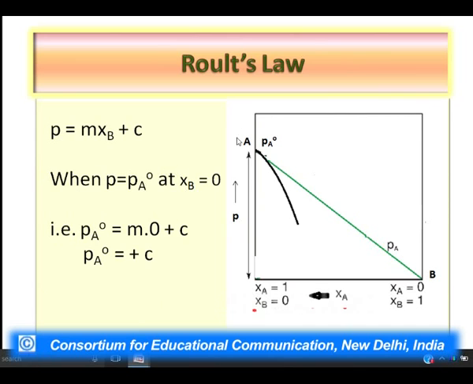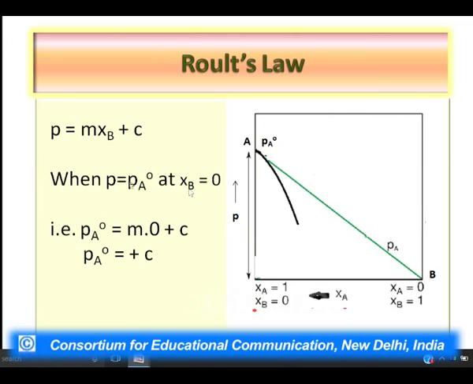Now, we can consider two extreme situations. Let us say we have only pure solute in the system. So, xb in that situation would be equal to 0. Actually, in that situation we have only pure solvent, not the solute. Let this correction be made over here. So, when xb is equal to 0, it means we have only pure liquid solvent.